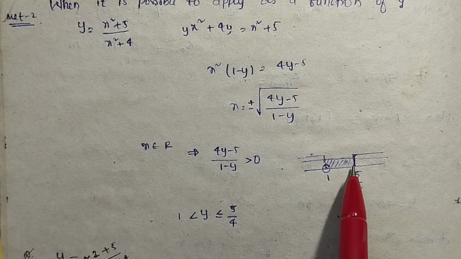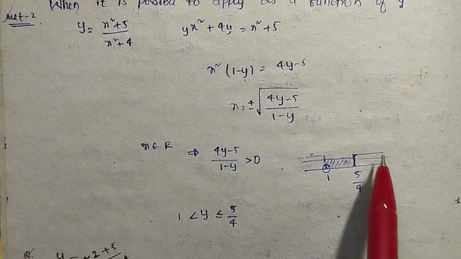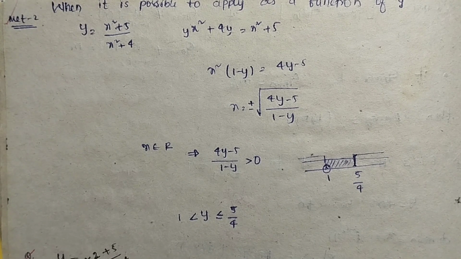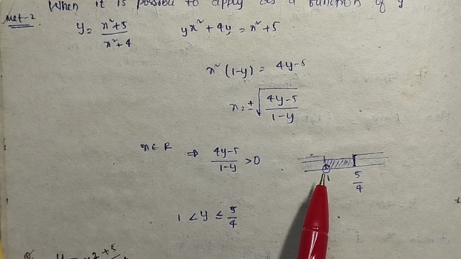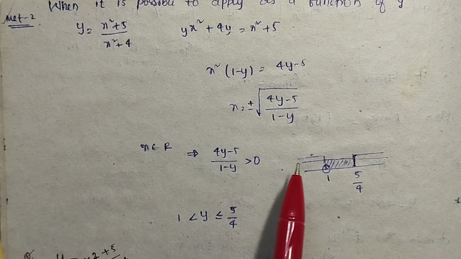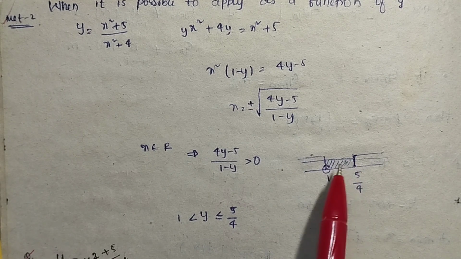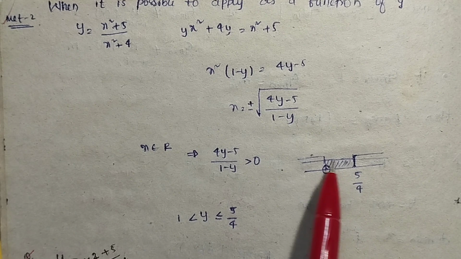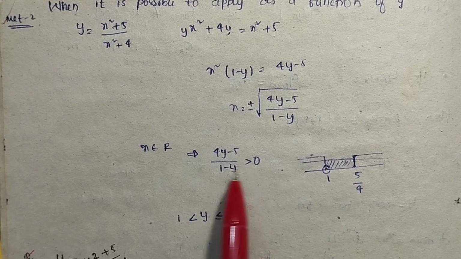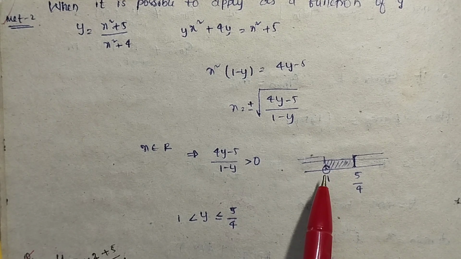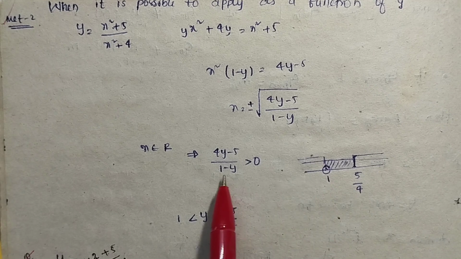All the points greater than 5 by 4 are negative, and for all the values of y less than 1 are again negative. So the points in between 1 and 5 by 4 are for which this function is greater than 0, and 1 is not included as it is undefined.